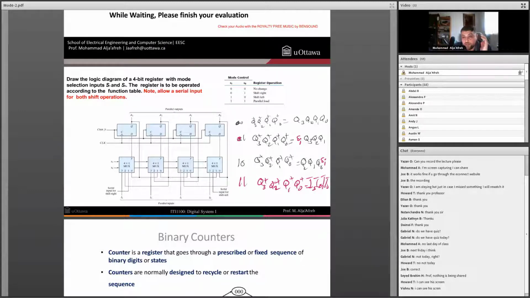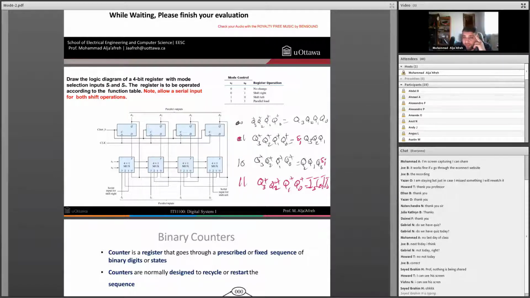Now when it comes to 1 0, we are doing shift left, and at the shift left we go to the left. Therefore, instead of inserting 0, we're going to insert the serial input. And at 1 1, the next state will equal the parallel load as stipulated by the question.